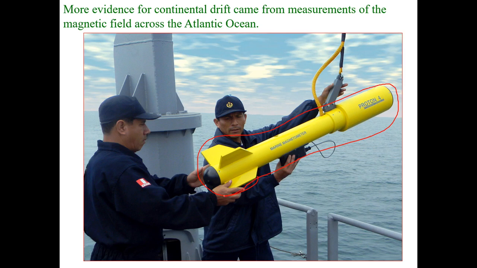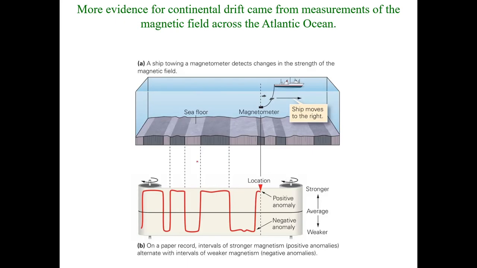I mean, it blows my mind in a way that you can do this, but they drag these magnetometers behind ships, and they can actually pick up whether the rocks of the seafloor below have a normal north polarity or if it's reversed. So it'll go along the seafloor, and what you end up with is this pattern of normal and reversed fields.